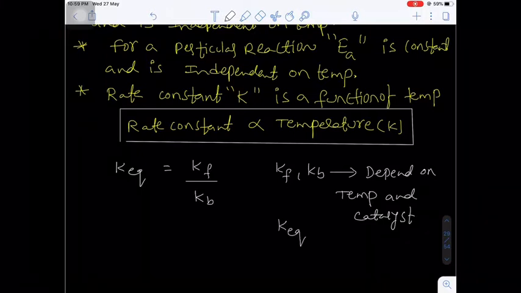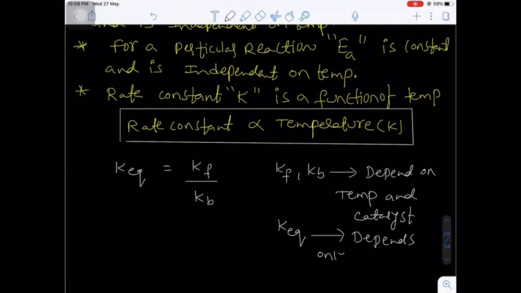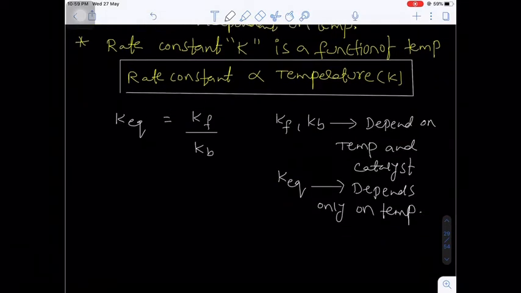Okay, now number 2, K equilibrium depends only on temperature.